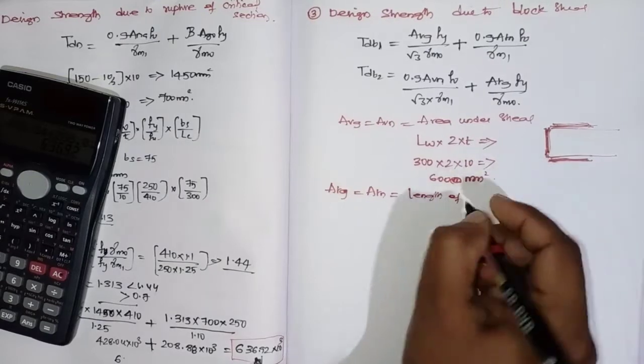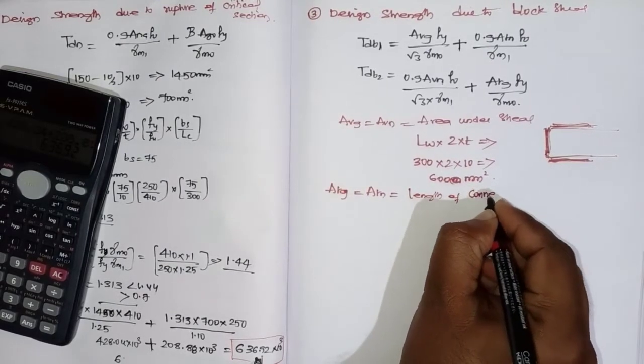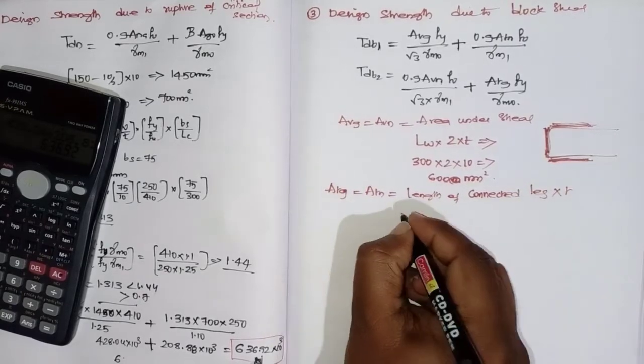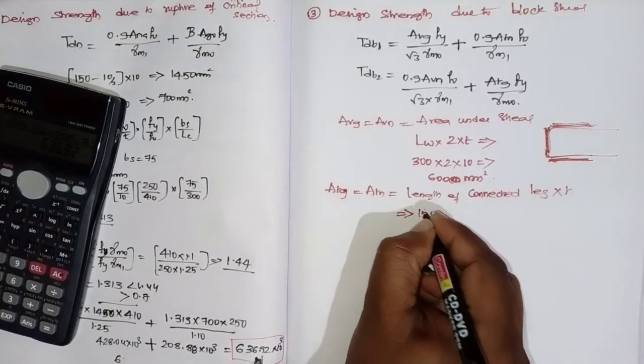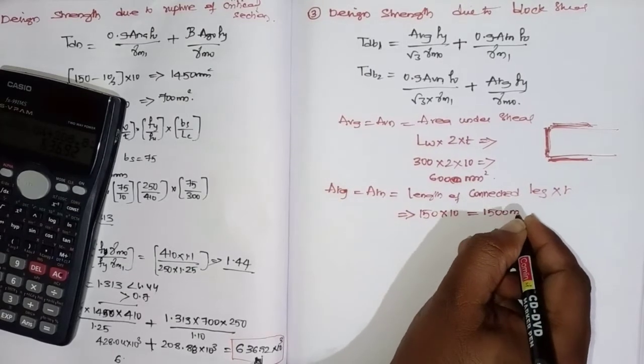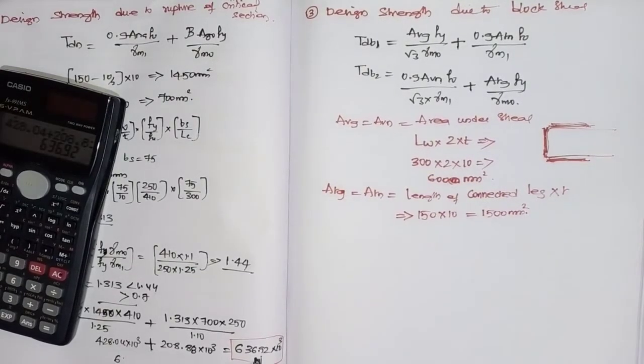This is the connected leg, into thickness. How much is it? 150 into 10. This is the area under shear and area under tension.